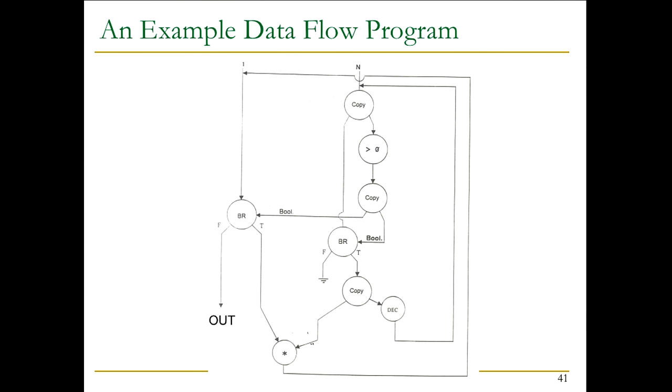Okay, let me say. This 1 over here is ready, but this Boolean is not ready yet because there's no token coming out of here. So this cannot fire. So the first node that needs to fire is this one. It fires, it generates 2 tokens, n. This fires because it has only 1 input, n is greater than 0. So it generates a true output. And this fires again, generating a true output, because it's a copy node.